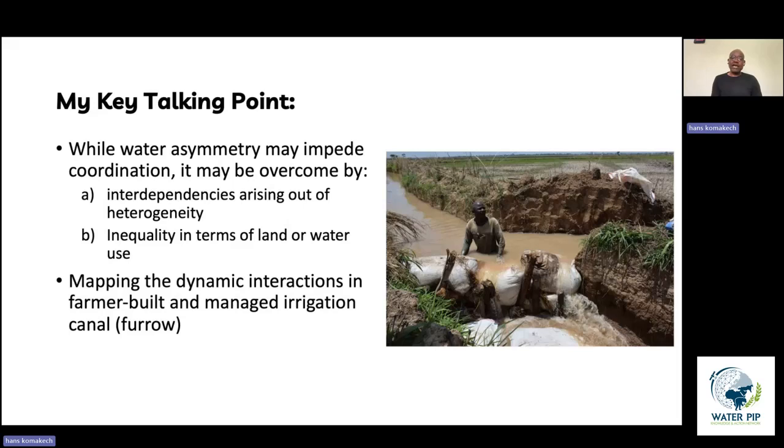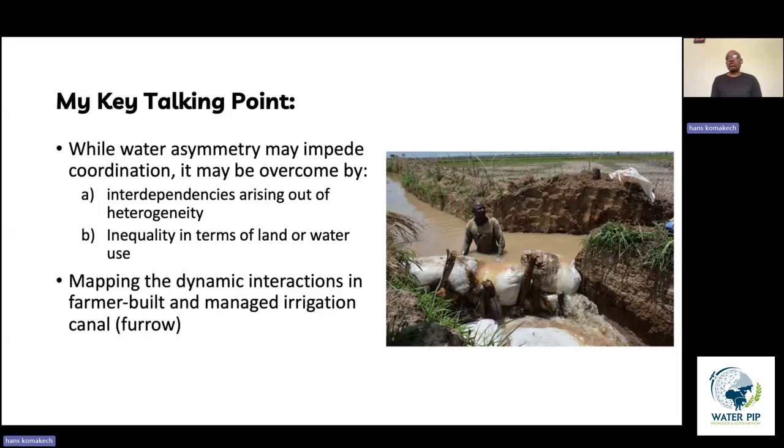One, I would like to build on these issues of inequality, particularly trying to see how differences in access to water, by the fact that water flows from upstream to downstream, can be overcome by interdependencies. We know that inequality may also arise because of differences in land access or access to water, depending on the location of different actors.